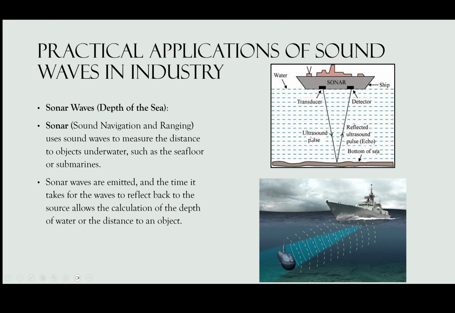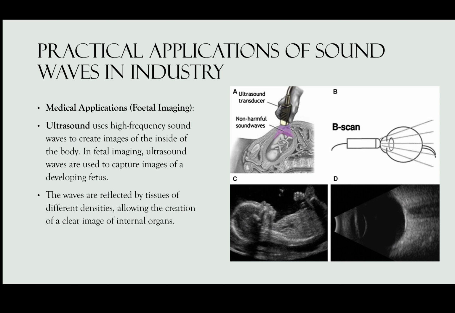So that is how we are able to scan and model the sea floor. For persons who are interested in geology and oceanography, we use sonar devices to model the sea floor and to detect objects, right? Or, for example, submarines that are probably currently in the northern Atlantic. But yeah, so we use these devices. That's a practical use of sound waves in industry, right?